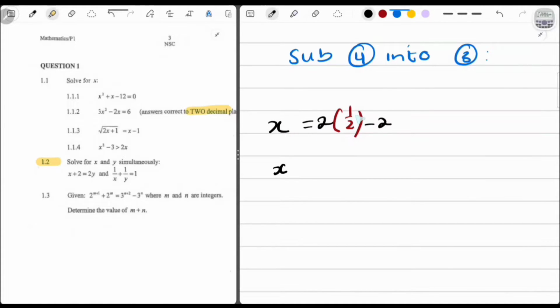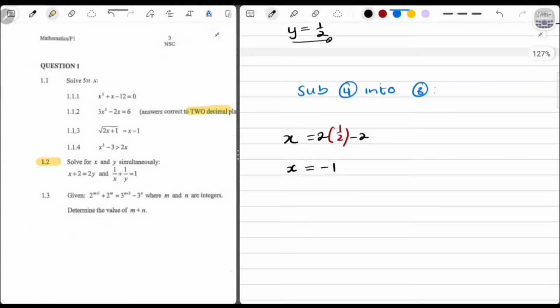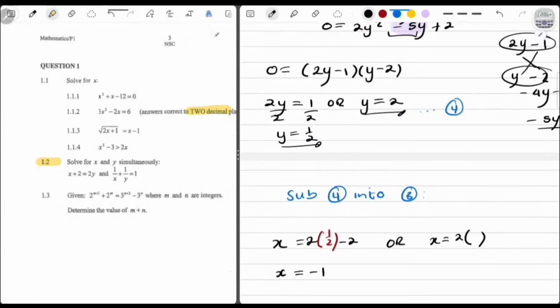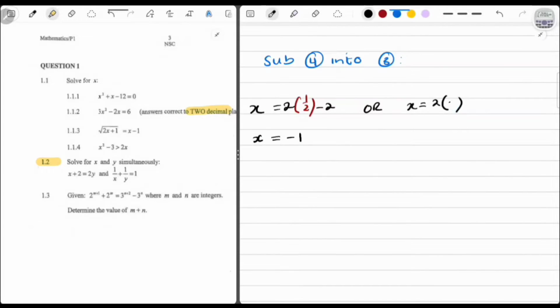So 2 times a half is 1, because the 2's cancel. 1 minus 2 is negative 1. Or we have x is equal to 2 times the next one, which is 2, and then minus 2. So 2 times 2 is 4, minus 2, which is 2.